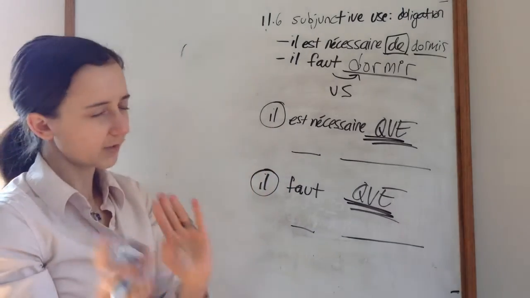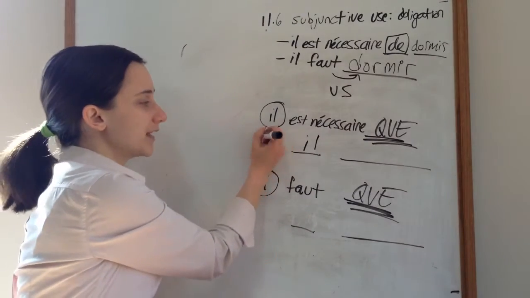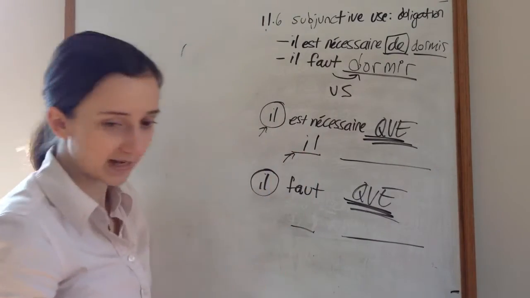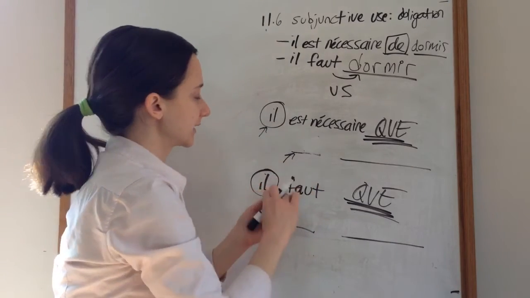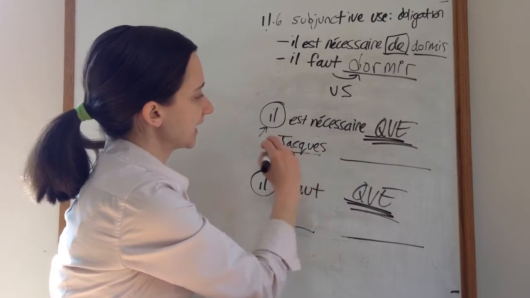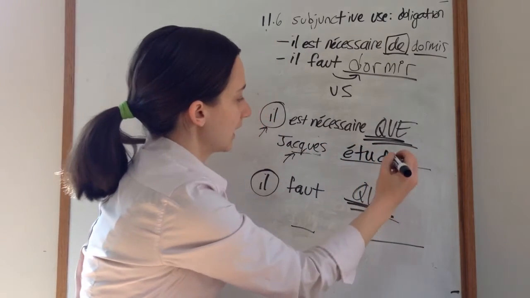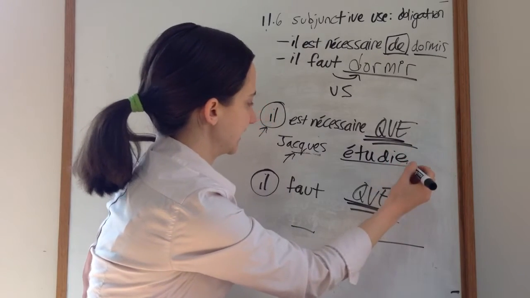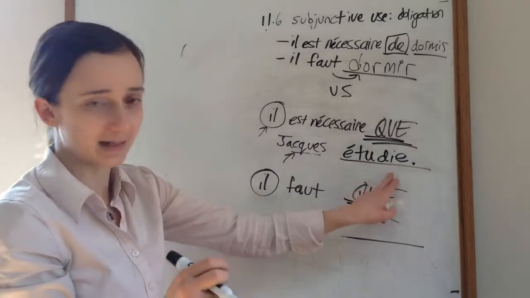It could still be il, but remember, this il and this il are different, because this il just means it. This il could represent Jacques. Il est nécessaire que Jacques ait tu dit. Remember? That's the subjunctive.